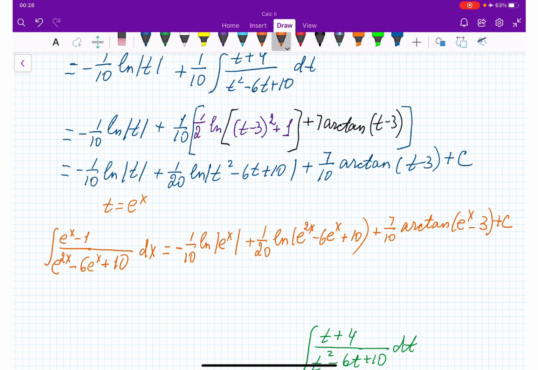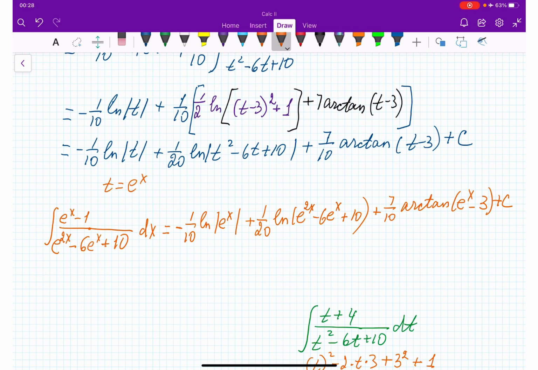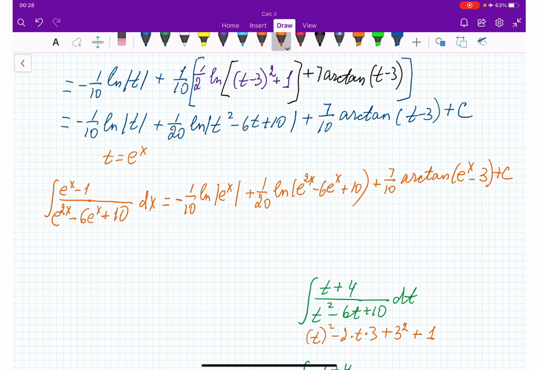And the last thing here: e to the power natural log e to the power x is going to be x, right? So let me not rewrite all this again. I'll just clean this natural log of e to the power x. We already know it's equal to x, as I explained above.